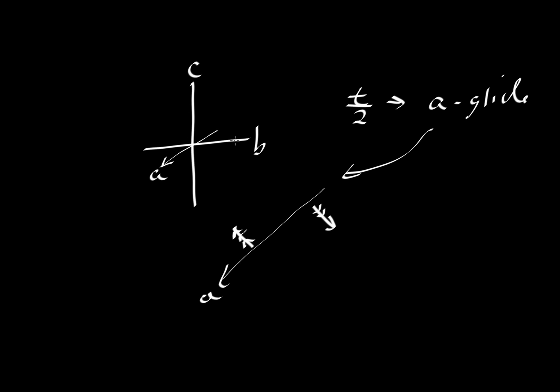And you can imagine the same thing would work for designating a b or a c glide. If we're moving in the b direction, then it would be a b glide. And if we move in the c direction, then it would be a c glide. And we're not restricted to just moving along the axes. We can also move a t 1/2 direction that combines.